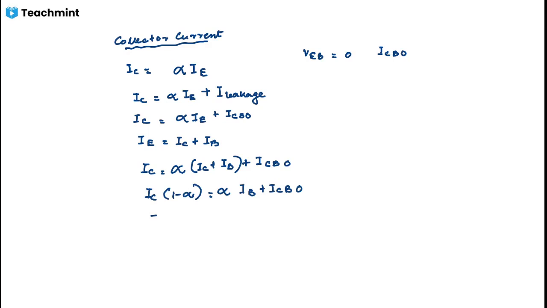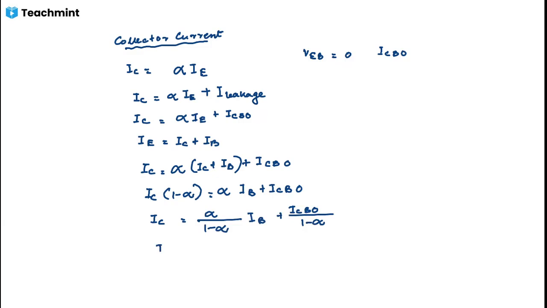Or IC can be written as alpha into IB plus ICBO, divided by 1 minus alpha.